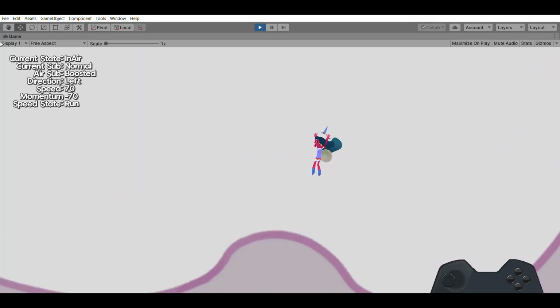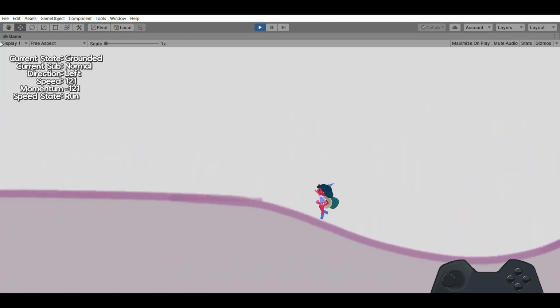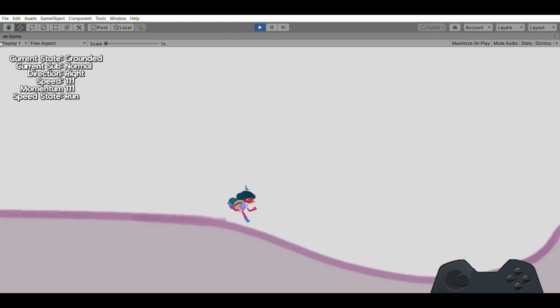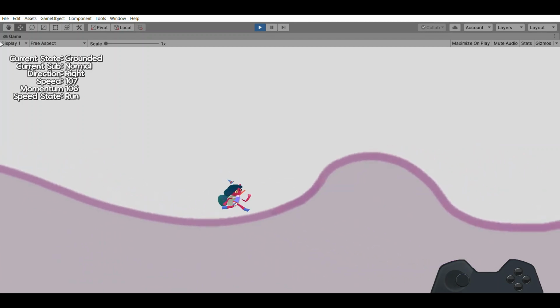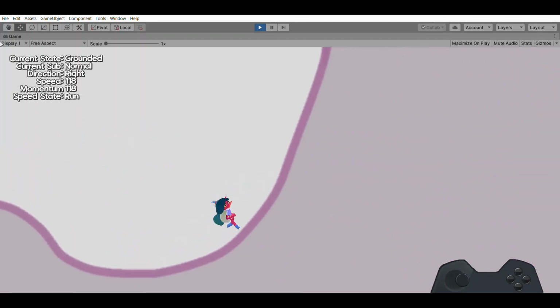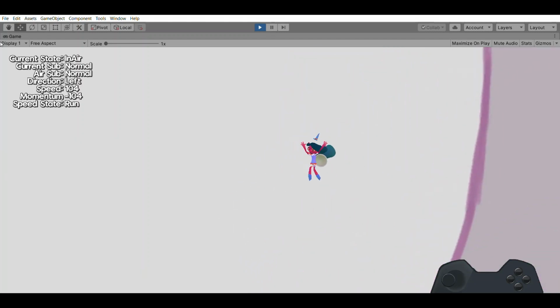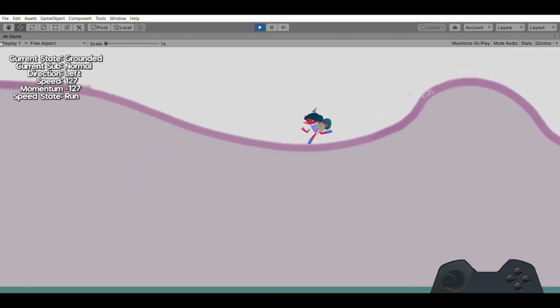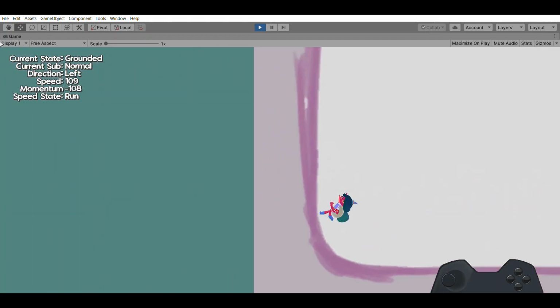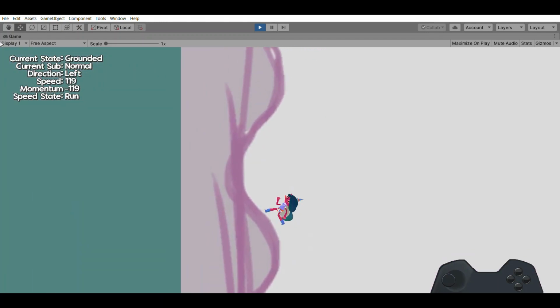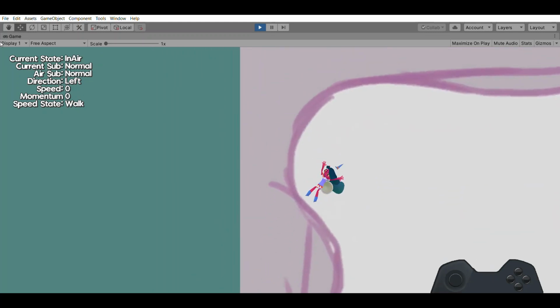Next is the collision detection. This is the way that the player collides with things and detects things. It's very simple. It's just a series of 2D raycasts and 2D overlap circles or overlap sphere. I don't know the terminology for 2D collision yet. But all we do is we have raycasts from the player's center, the player's front, and the player's back.